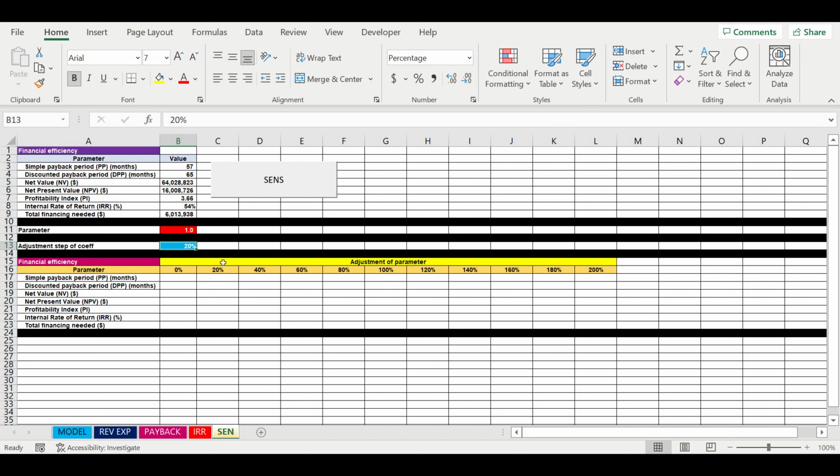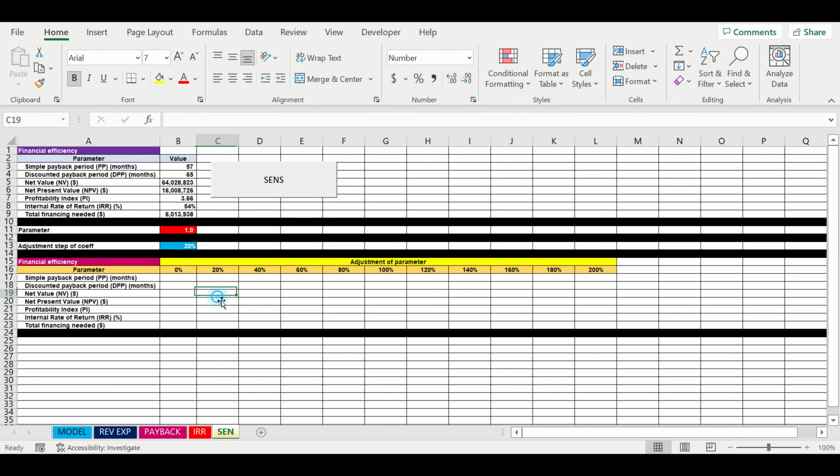So for example, we can take some inputs in our model, add this coefficient to this input, and press sense button and see what will happen to the business idea, what will happen to these values if the coefficient increases or decreases. So we can set up the pace of changing of this coefficient.